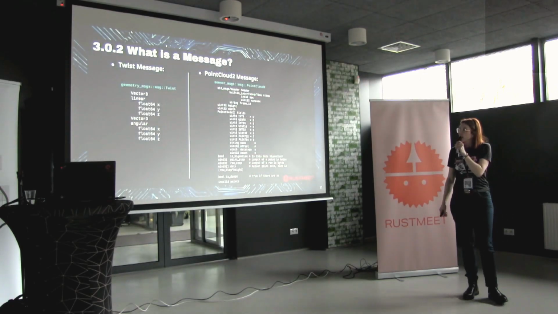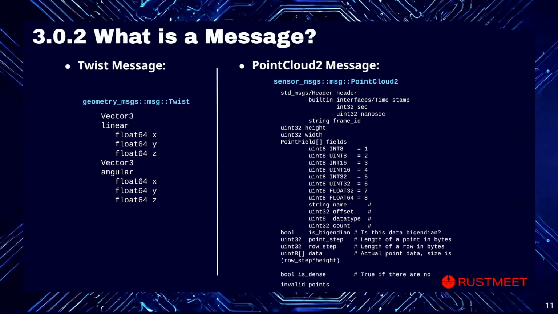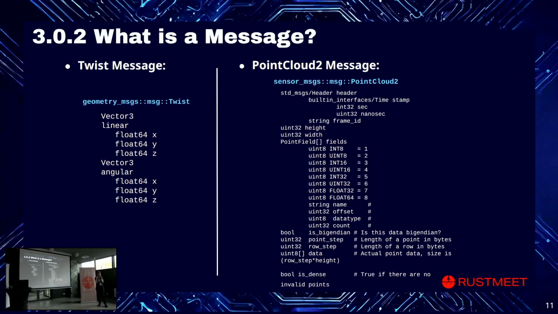So what is a ROS2 message? A ROS2 message is the message that you are going to send through the topic itself. These are two different messages that we are going to use in this application, and you are also going to use them tomorrow in the workshop. This is the Twist message.